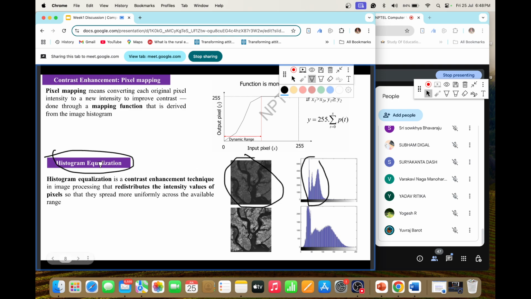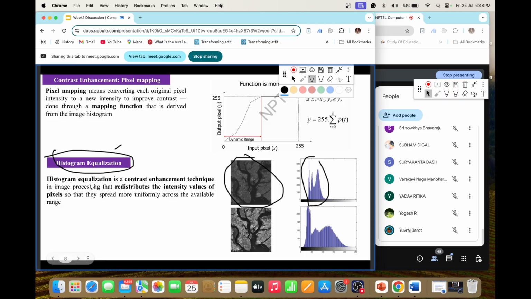That is the main purpose of histogram equalization. We equalize the image so that every pixel gets some of the pixel values. Here, from 25 to 100 we are getting more frequency and elsewhere the frequency is 0, but after stretching, up to 200 we are getting some frequency for each pixel.